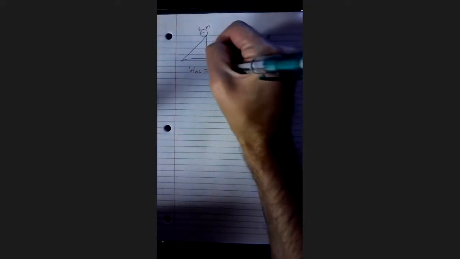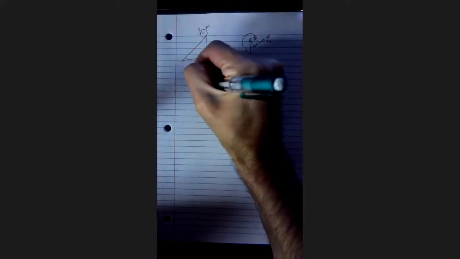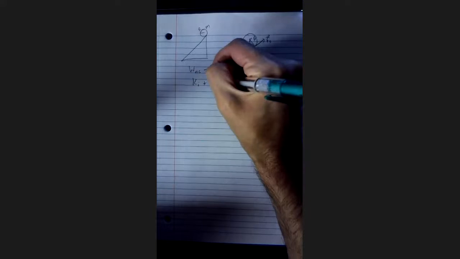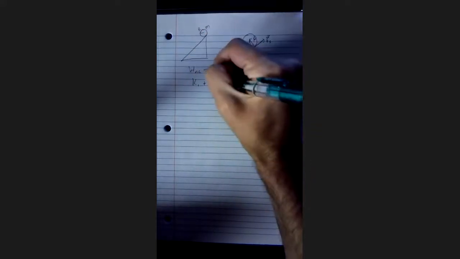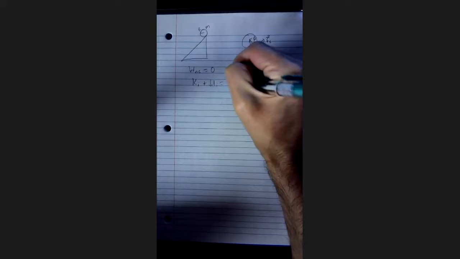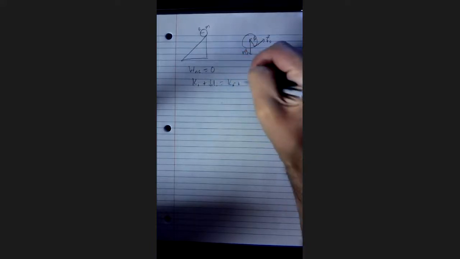So altogether, our non-conservative work is 0, which means that we can use our energy equation, which says that our initial kinetic energy plus our initial potential energy, call that U, has to equal our final kinetic energy plus our final potential energy.